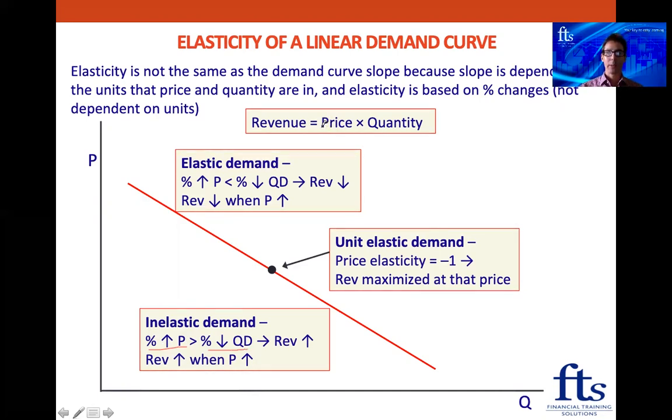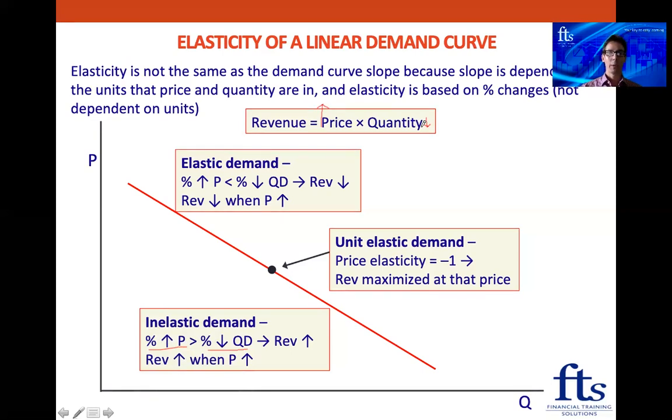So if we look at our equation over here at the top, the good news is that if we increase price, we sell stuff at a higher price. So price is going up there. So I'm going to put it up like that, a nice big up arrow. But the bad news is that when we increase price, the quantity demanded is going to go down. But if we have inelastic demand, the good news, the increase in price, is actually outweighing the bad news of the quantity demanded falling.